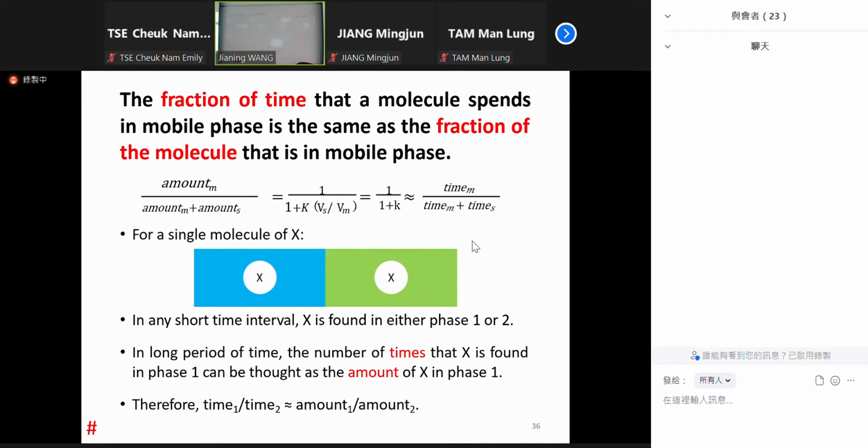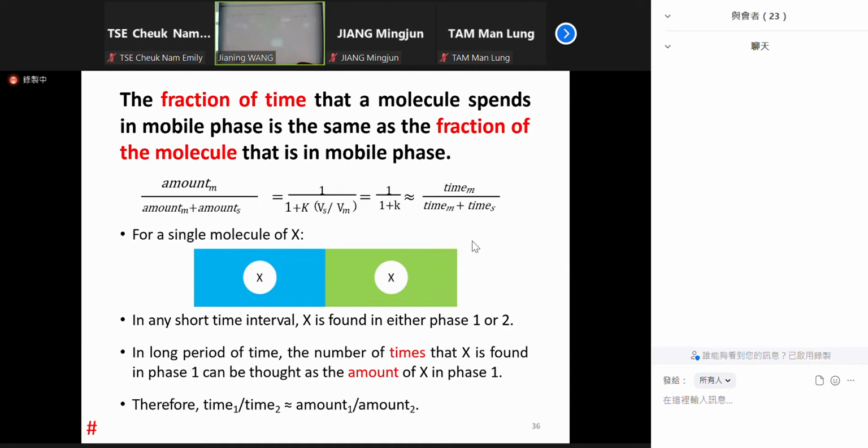So the portion when X exists, the possibility of existing in phase 1 or phase 2, the portion. So maybe it appears 2 times in phase 1, and maybe this only appears 1 time, so the portion is 2.